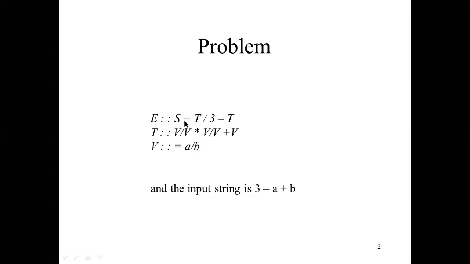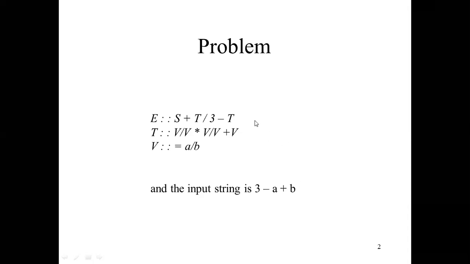For S plus T, we have three options, so we will draw three options from the S plus T side and three options from the 3 minus T side. And then each V will be replaced by two options, A or B, A or B, like that, so that you can achieve the complete parse tree or syntax tree for the given grammar.